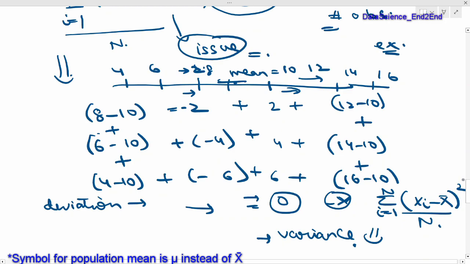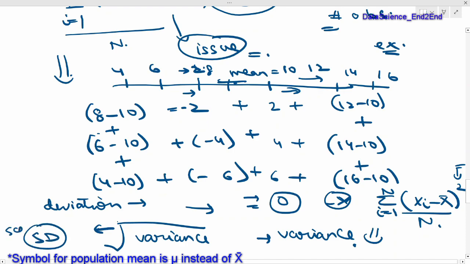And since we have squared all the elements, we have changed the scale of the observations. If we take the square root of variance, this will give us the standard deviation, which is on the same scale as our original data set. So basically we have calculated the deviation of all the points from their mean, squared it, added it up, and then divided by the total number of observations.